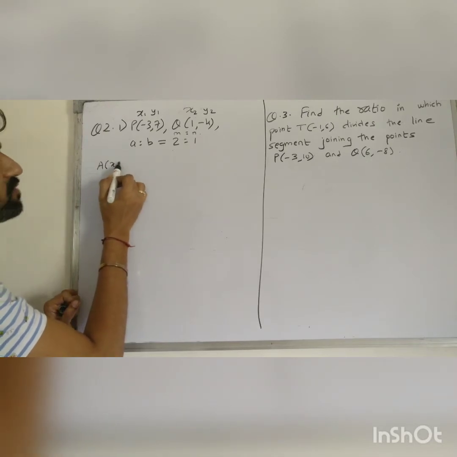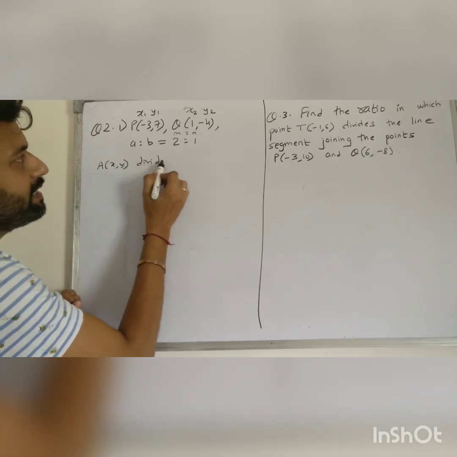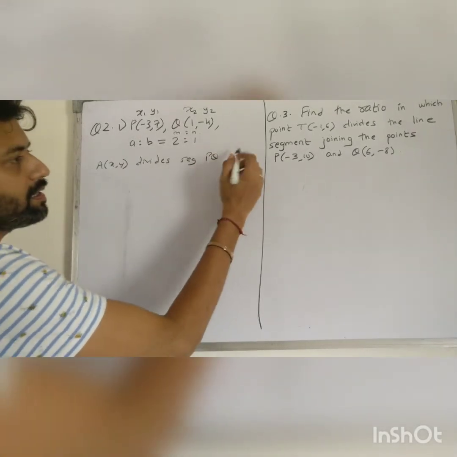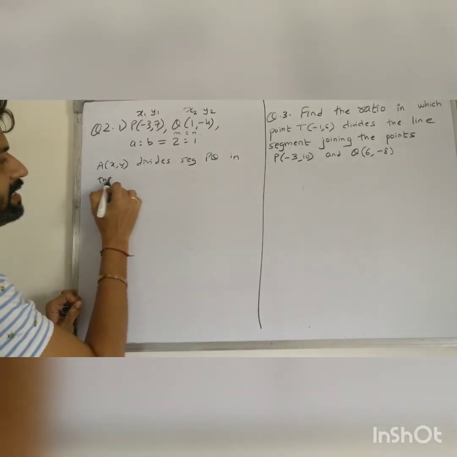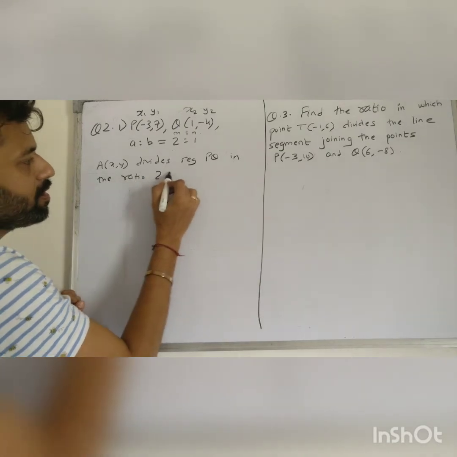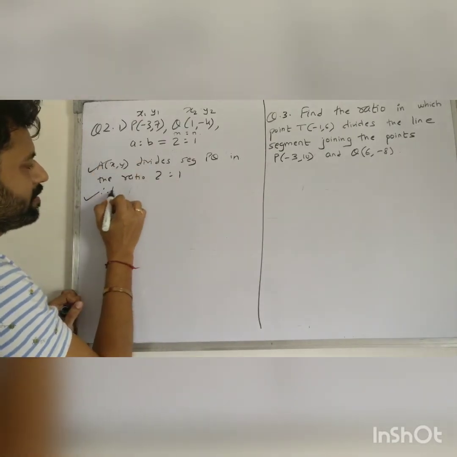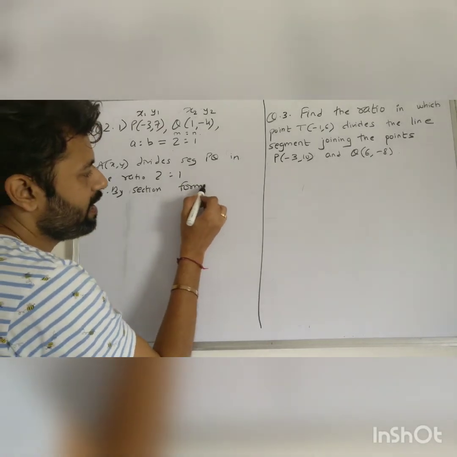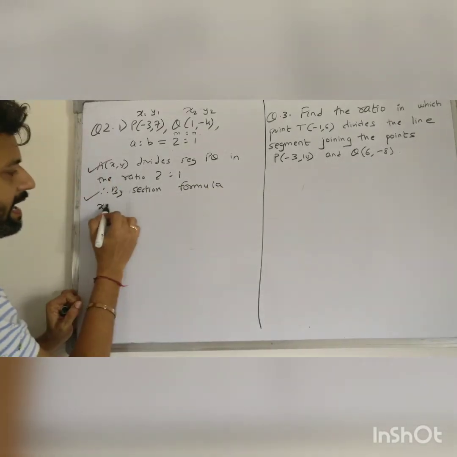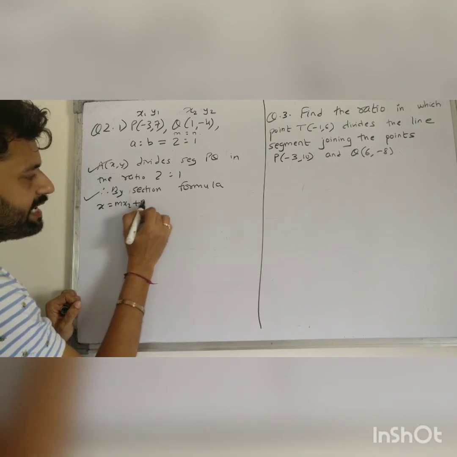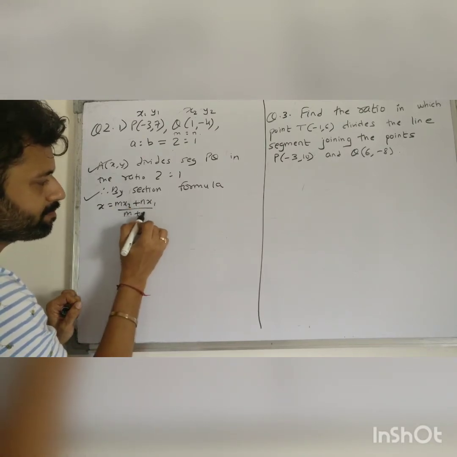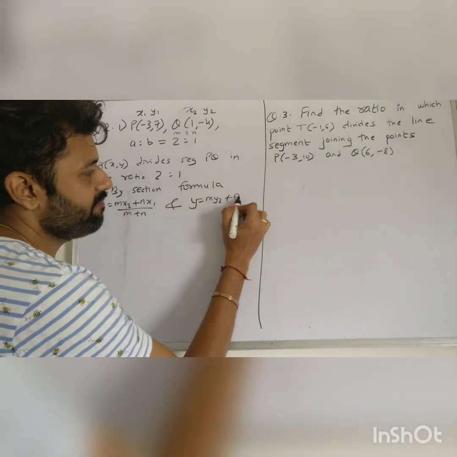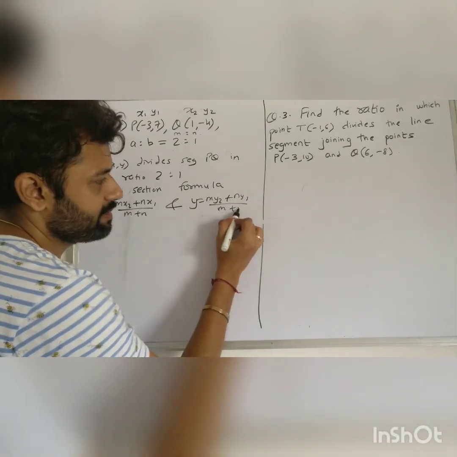A (x, y) divides segment PQ in the ratio 2:1. Therefore, by section formula, x equals mx2 plus nx1 upon m plus n, and y equals my2 plus ny1 upon m plus n.